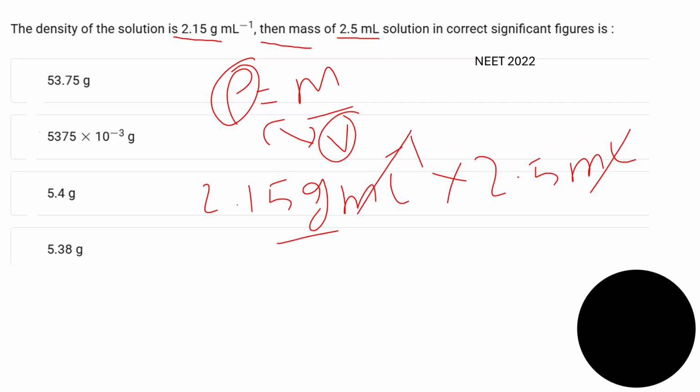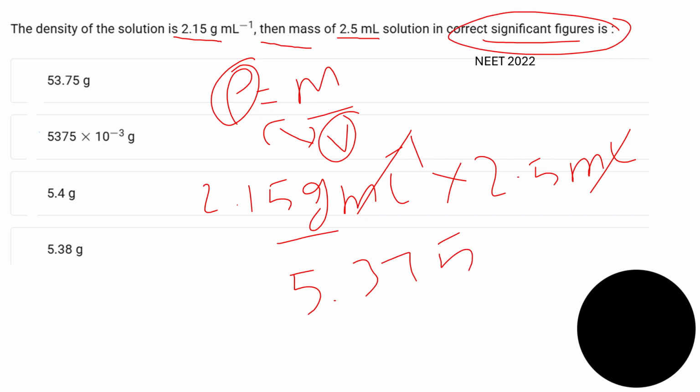2.15 multiplied by 2.5. We need to find the exact value because of significant figure. 2.15 multiplied by 2.5 will give 5.375. According to the significant figure rules, if we multiply or divide two decimal numbers, take only the lowest one.